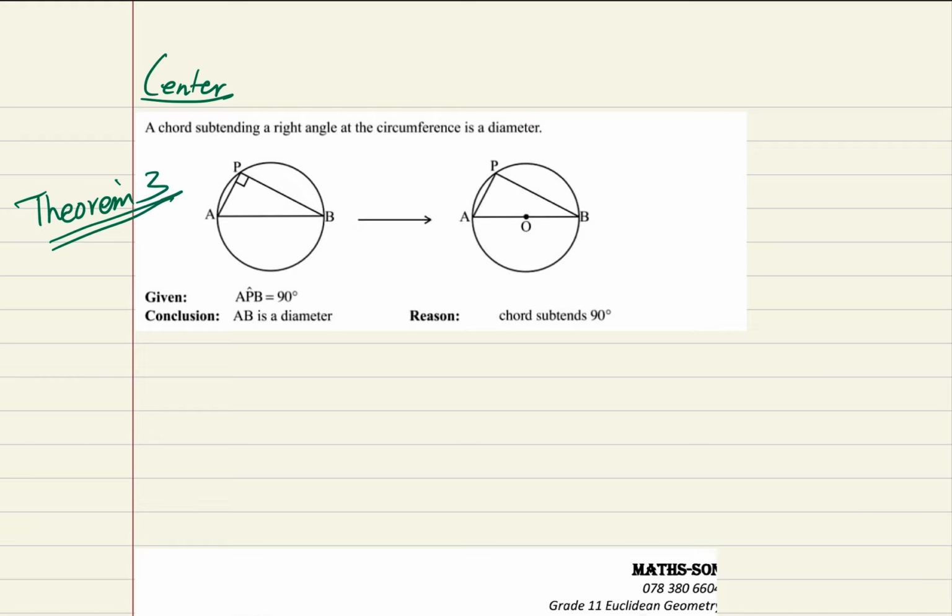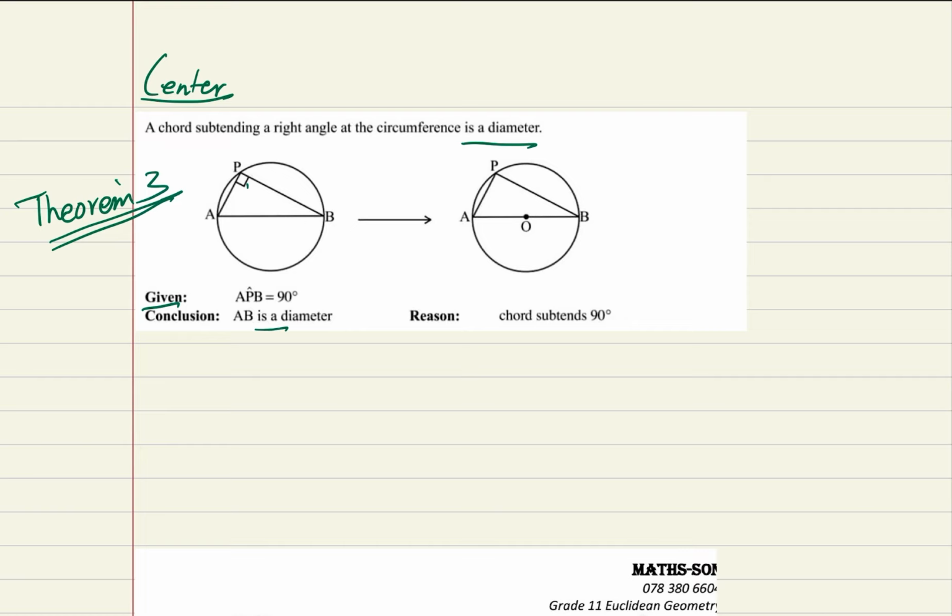It's very crucial for us to know this one. It says a chord subtending a right angle at the circumference is a diameter. That is something we need to know. We're given that this is 90 degrees, hence that means AB is a diameter.